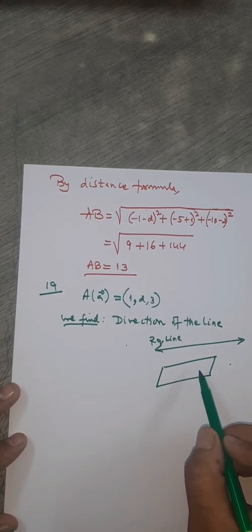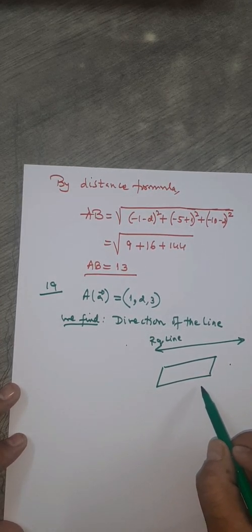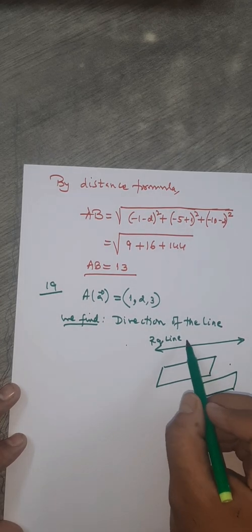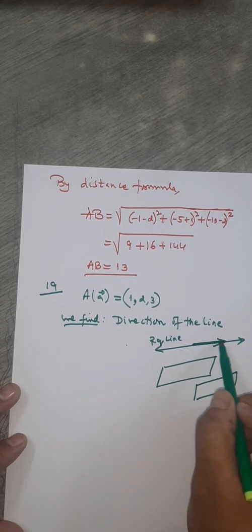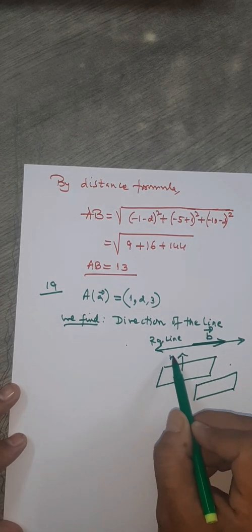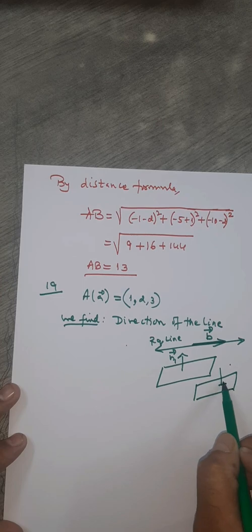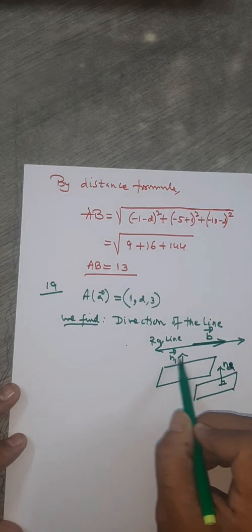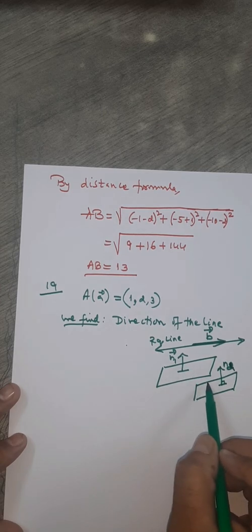The required line is parallel to these two planes, remember. One more plane over here. So direction of this line, this is the direction of the line vector B. This is a normal to the first plane N1. This is normal to the second plane N2. These two normals need not be parallel. Here in diagram it looks, remember.